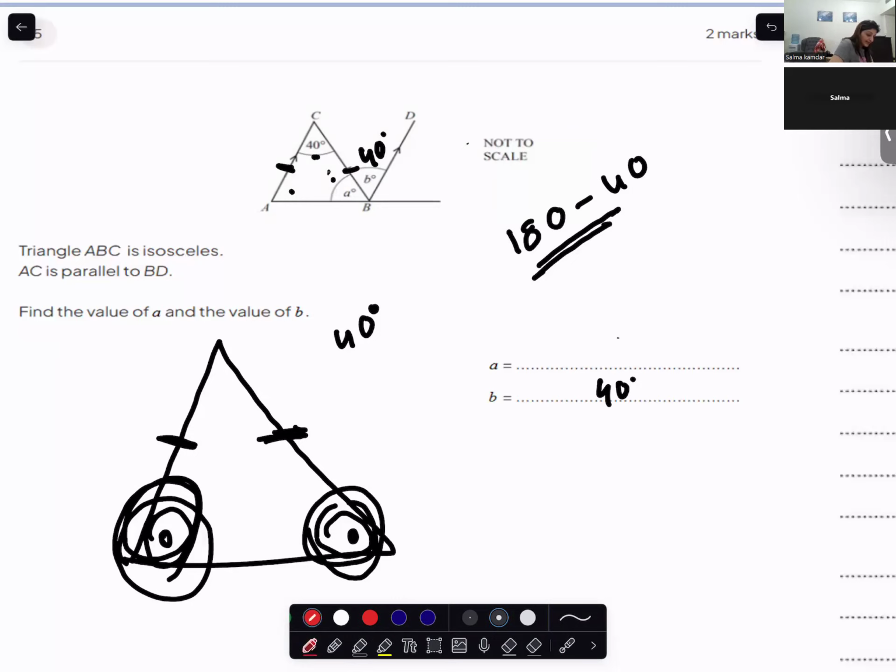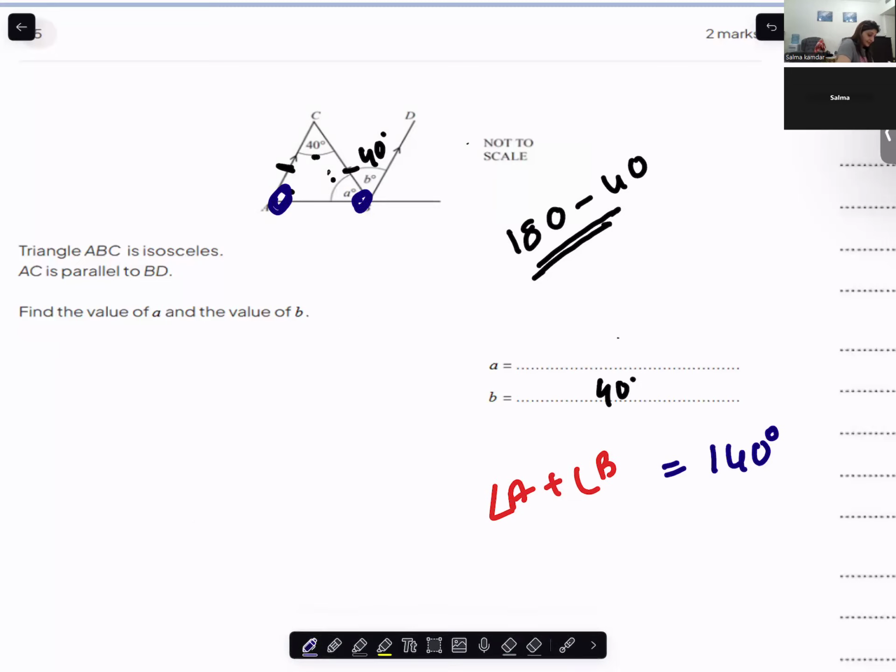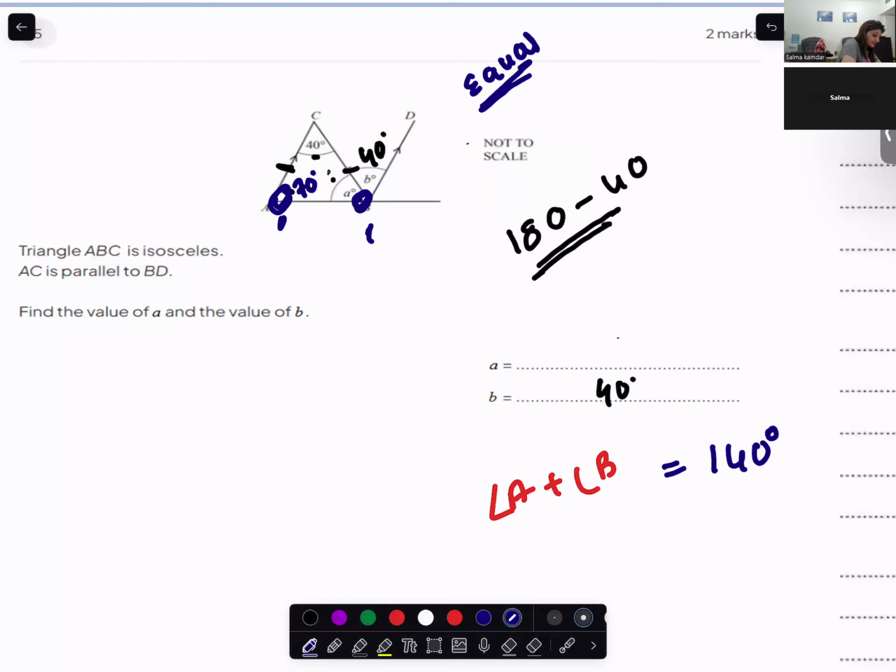So angle A plus angle B is going to be 140 degrees. But both these angles are equal, so 140 divided by 2, half of this, 70 degrees will be for this and 70 degrees for A. So angle A is 70 degrees and it is done.